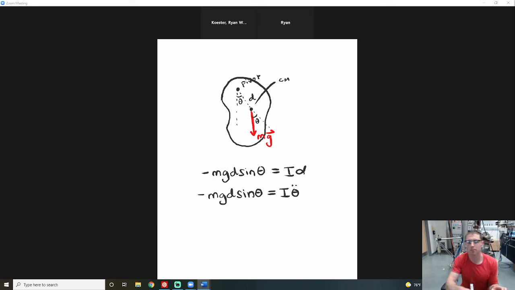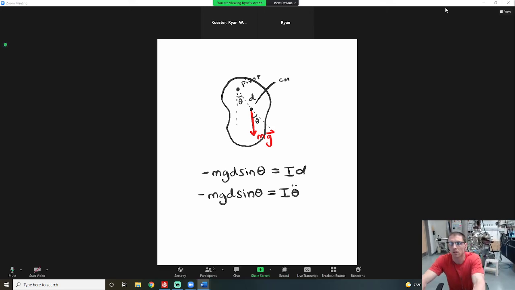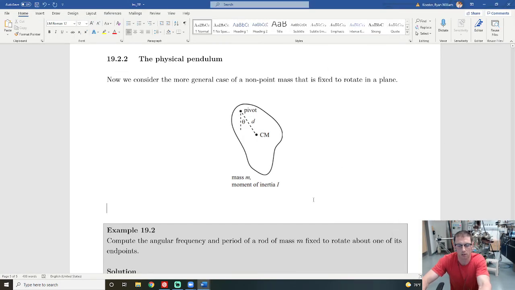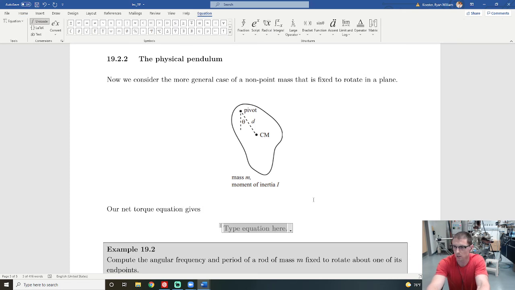Okay? So with that out of the way, let's figure out what this looks like. So I'm just going to say that our net torque equation gives negative mgd sine theta equals I theta double dot.